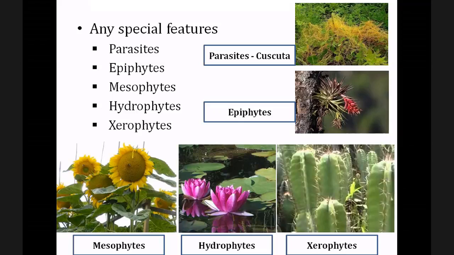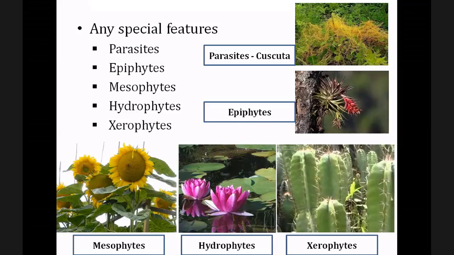So this plant can adjust to live in both conditions, the partially dry condition as well as the partially wet condition. Examples are mango, guava. When it is highly wet, they can live. When it is dry, they also live. They can adjust. Those plants we call mesophytes.